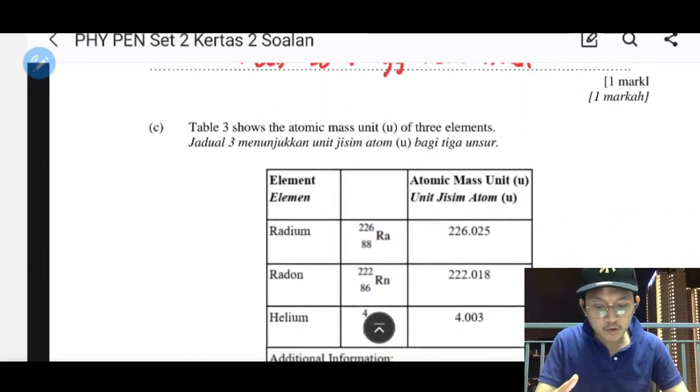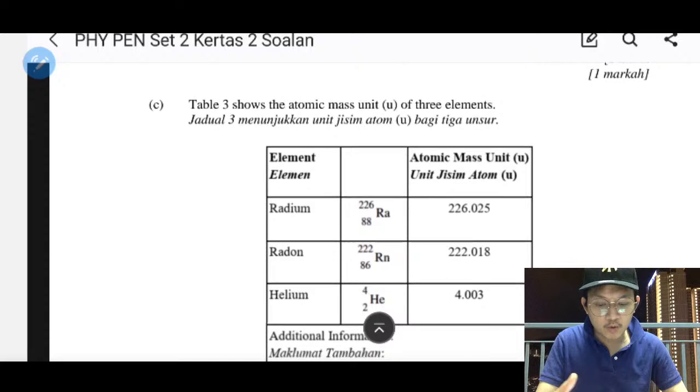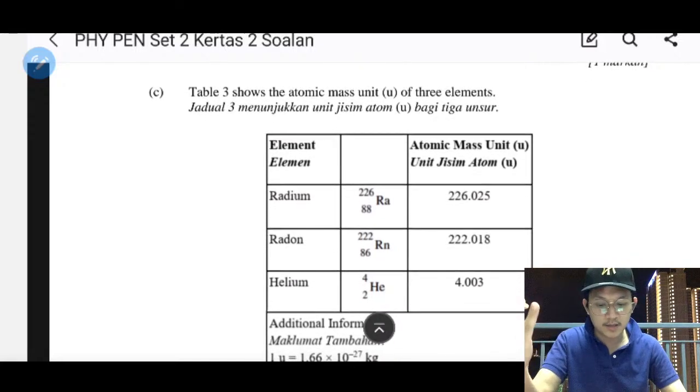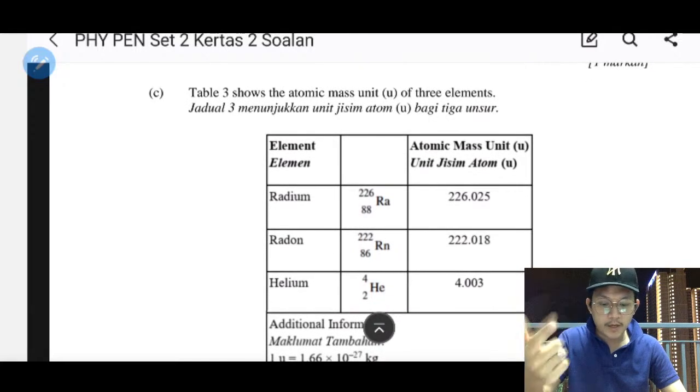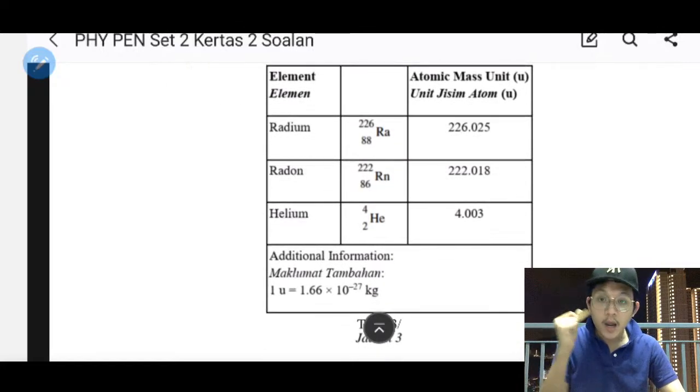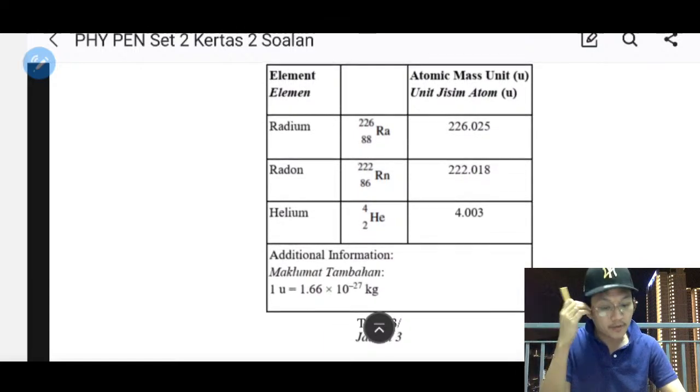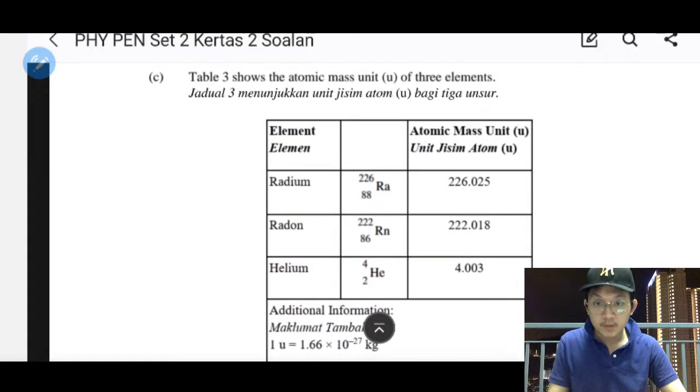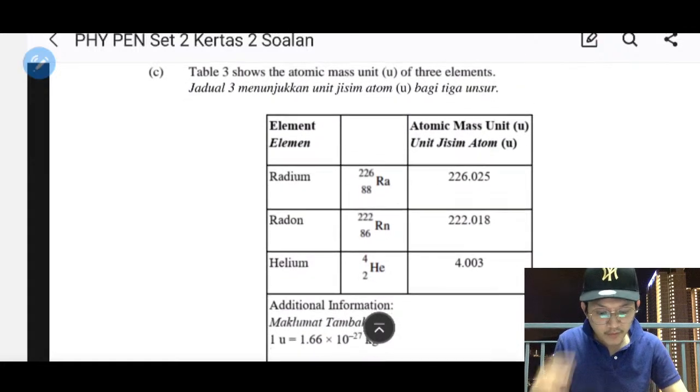Jadual 3 menunjukkan jisim atom bagi 3 unsur. 3 sahaja. Okay. Radium, radon, helium, dan blah blah blah. Okay. And we today going to talk about a few things. This is under penggerakkan tenaga nukleus. Okay, so very easy.